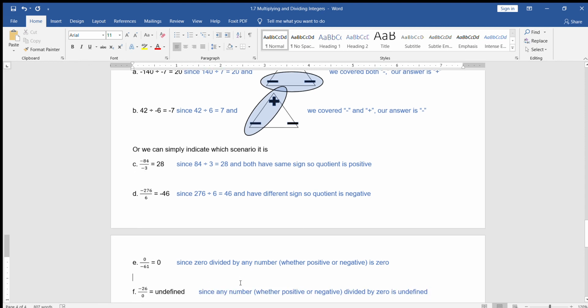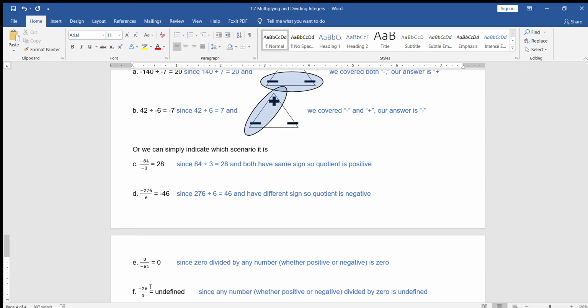So for E, 0 divided by negative 61, since 0 divided by any number is 0. Again, 0 is on the top, so your answer should also be 0. Let's move on. F, negative 26 divided by 0 should give you guys not 0, but undefined, because any number divided by 0 is undefined.